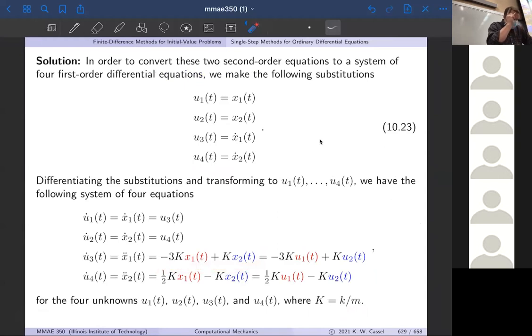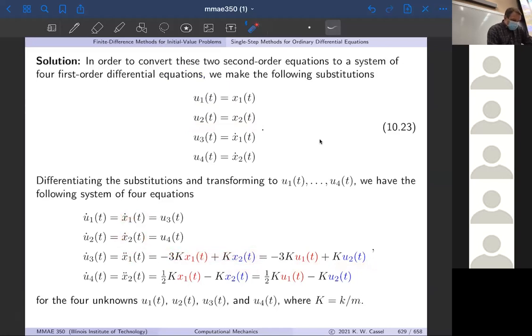Then I remember, oh, wait, I don't want x's, I want u's. So x1, well, that's u1. x2, oh, that's u2. So again, get rid of all this stuff in the middle, and I have equations for u1, u2, and u3.